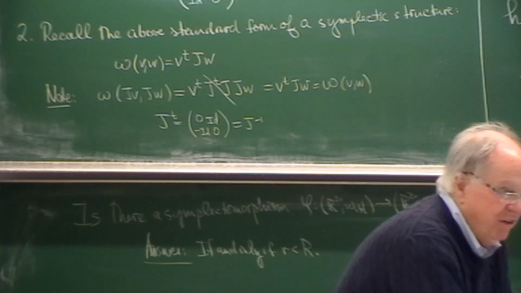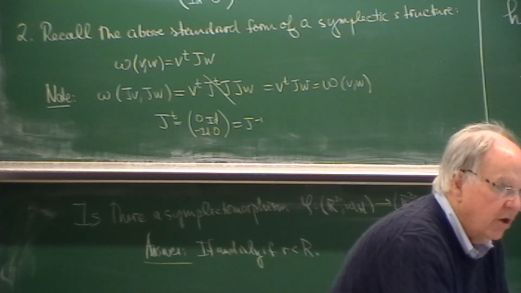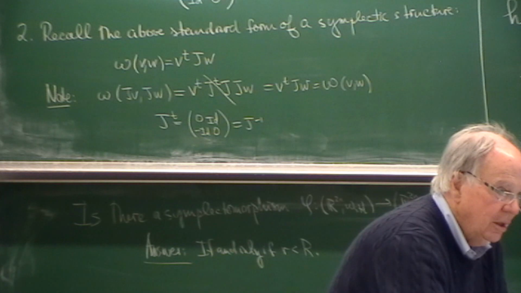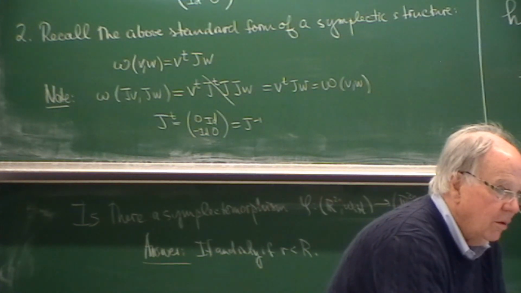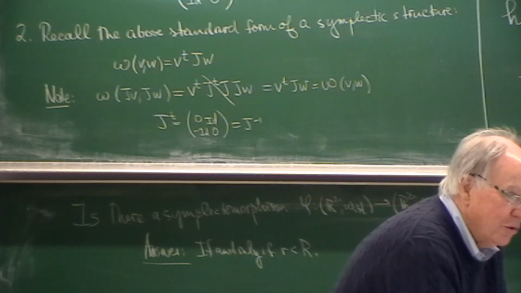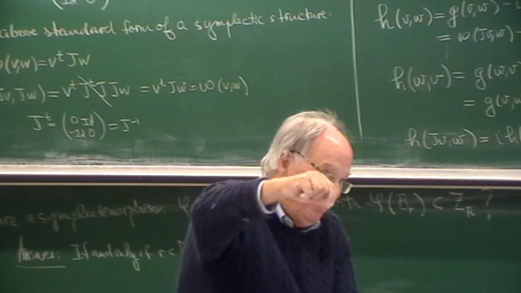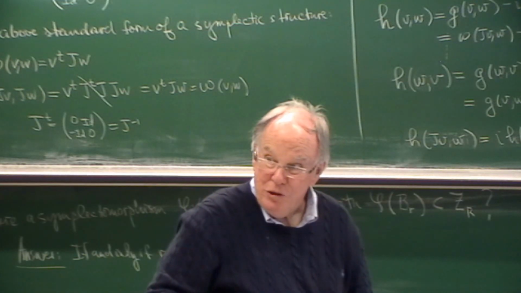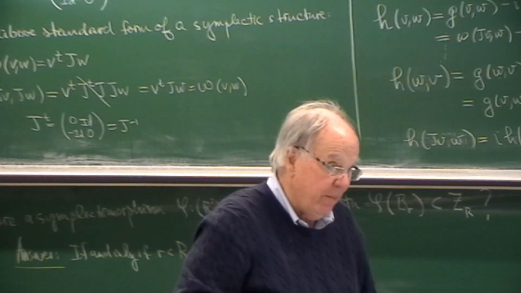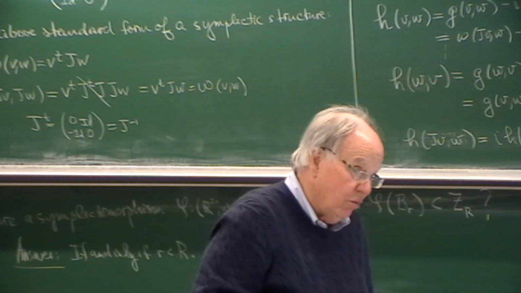If it's smaller than big R, then of course you can do it. But now the question is, can you do it for larger? And the answer is no. That's the real question. You would think you can take the ball and bring it in there. And you can do this with all sorts of structure-preserving mappings, but not with symplectomorphism.